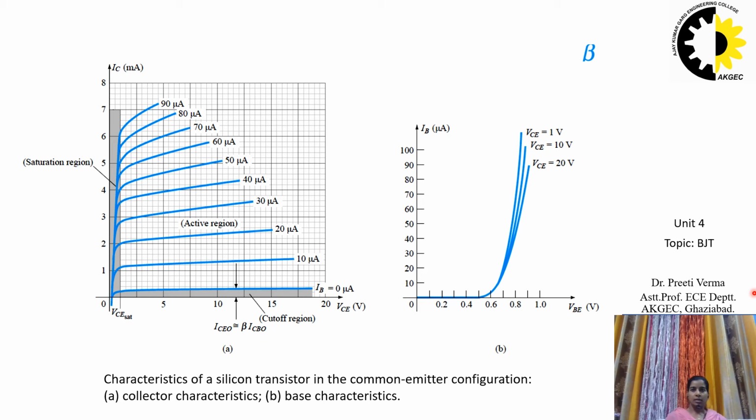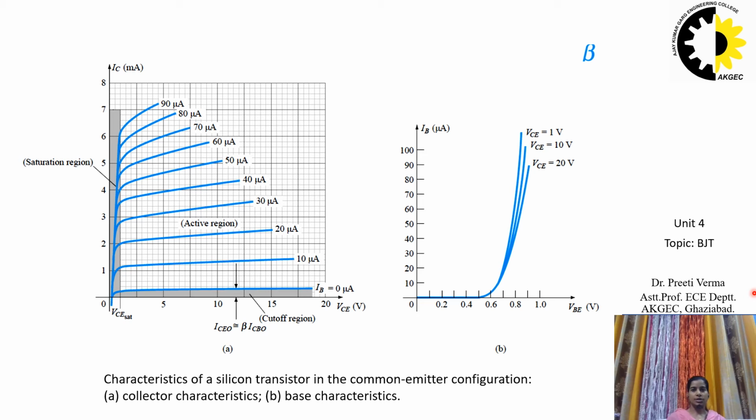In the figure, this region exists to the right of the vertical dashed line at VCE saturation and above the curve for IB equal to 0. The region to the left of VCE saturation is called the saturation region.